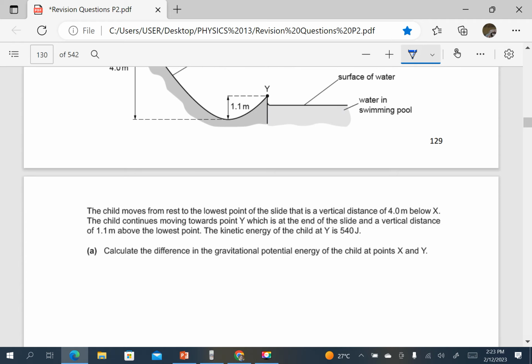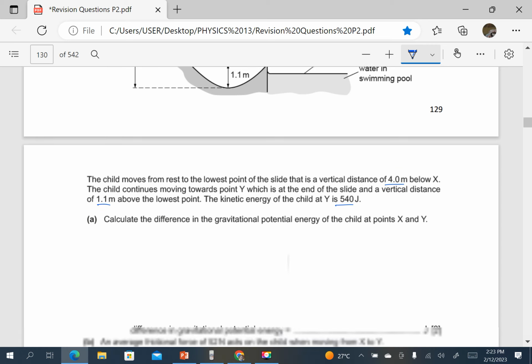The child moves from rest to the lowest point of the slide, that is a vertical distance 4 meters below X. The child continues moving towards Y, which is at the end of the slide, at a vertical distance 1.1 meter above the lowest point. The kinetic energy of the child is 540 at Y. Calculate the difference in the gravitational potential energy of the child between points X and Y.